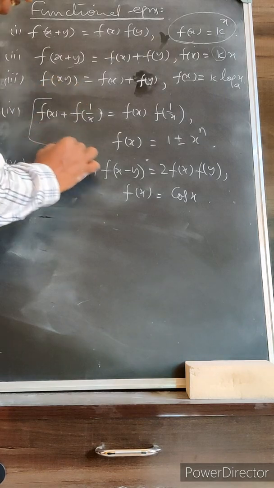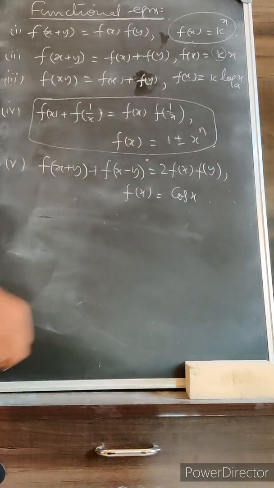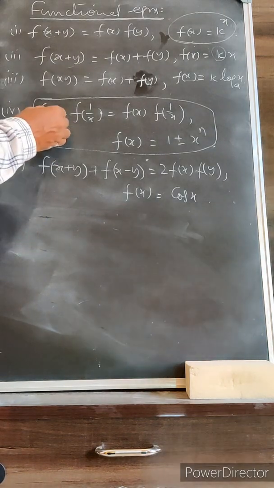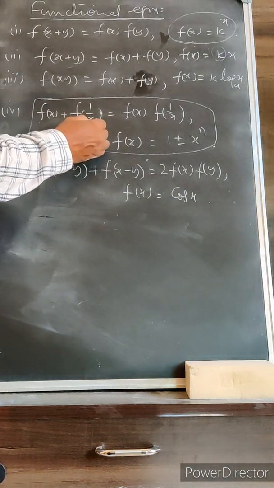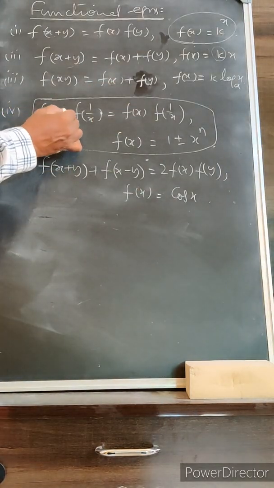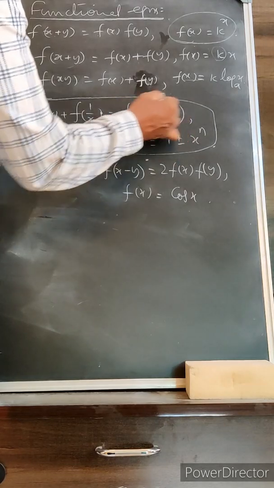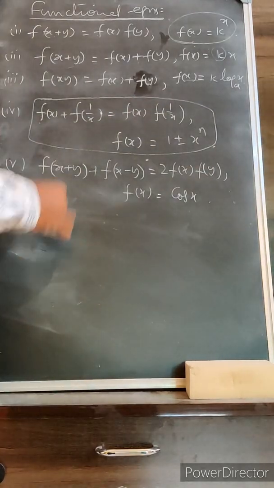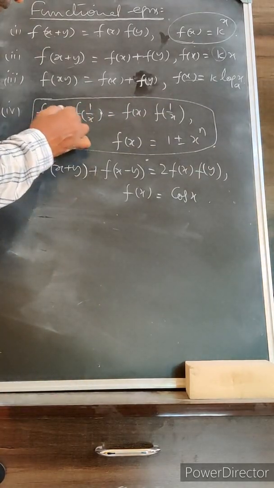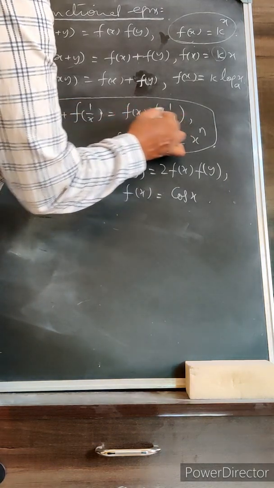Now the next one is a very important one which will be used in many problems. f of x plus f of 1 by x, x and the reciprocal of x. f of x plus f of 1 by x is equal to f of x into f of 1 by x. The sum of these two numbers is equal to the product of these two numbers.